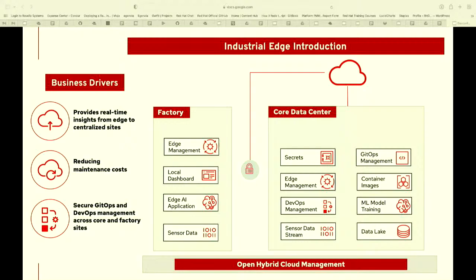We talked about the integrated state. If there's any update to the application or the AI/ML model on the centralized side, without any intervention, it will be pushed down to the edge side.